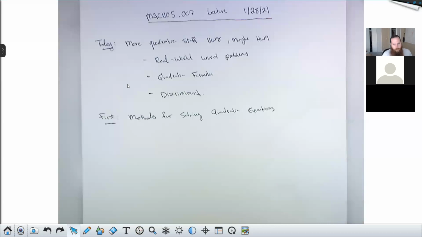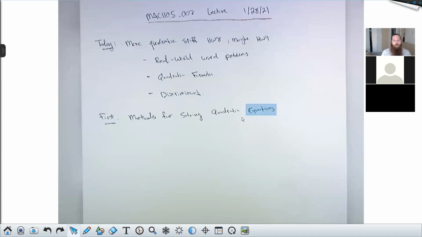And I want to say that the terminology here is a little bit weird. People can get somewhat confused about what just the language means. So an equation is something with an equal sign, right? A quadratic function is an expression, a function of the form f of x equals ax squared plus bx plus c.